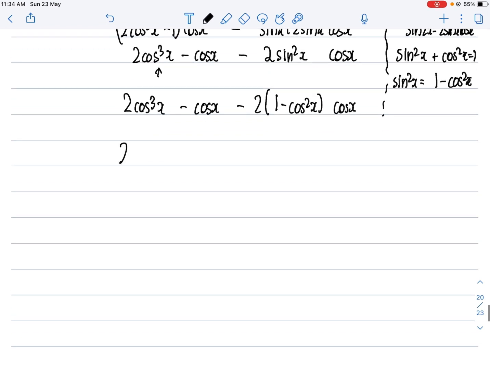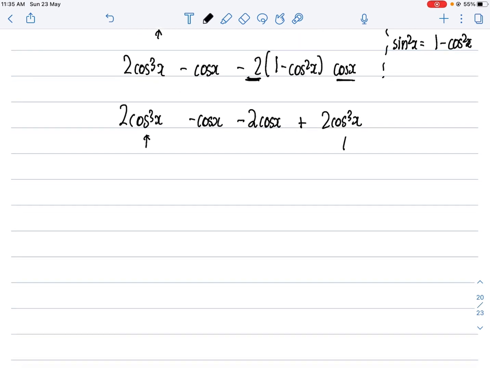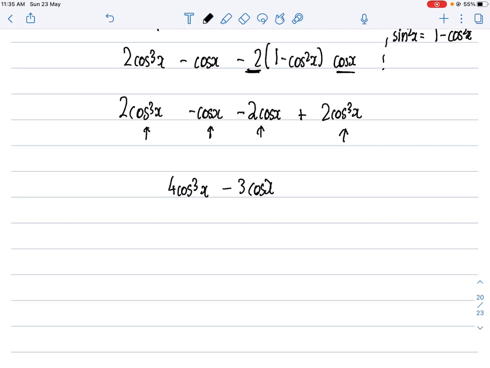Now I can write this as 2 cos cube x minus cos x, and take minus 2 cos x inside the bracket to write this as minus 2 cos x plus 2 cos cube x. Now 2 cos cube x plus 2 cos cube x will give me 4 cos cube x, and minus cos x minus 2 cos x gives me minus 3 cos x. So this is what I needed to prove in part 1.